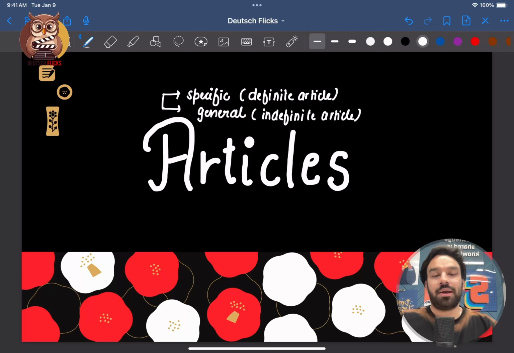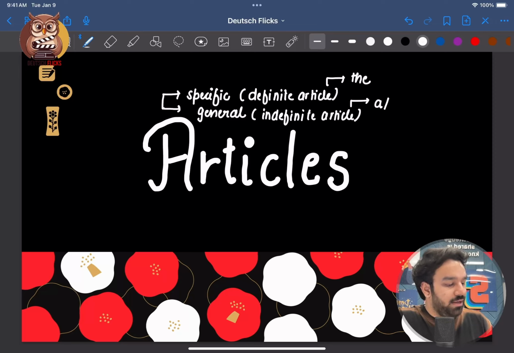If I compare it with the English language, the definite article is the, and indefinite articles are a or an. Now if we want to negate our sentence, then we use the negative article.